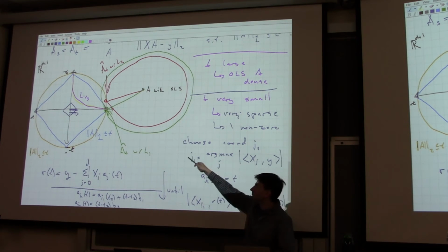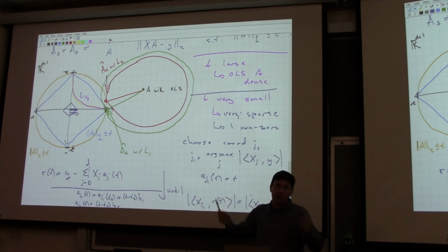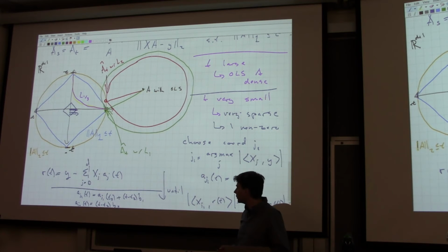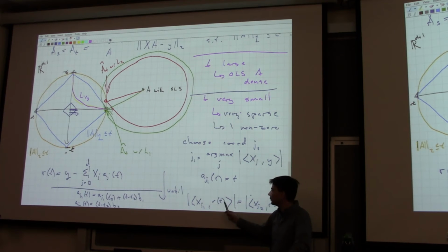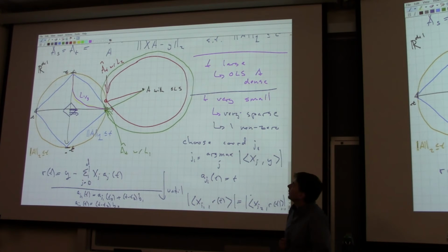At some point, your ball includes the least squares solution, and all of these inner products become 0 because the residual becomes 0, there's nothing left to explain. So you should probably stop before you get to the end.